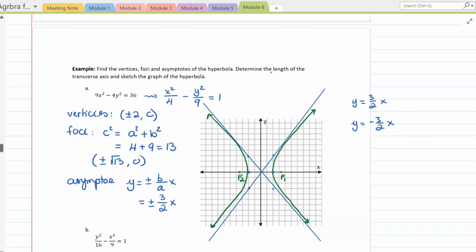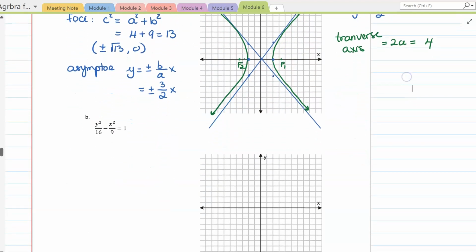The length of the transverse axis is equal to 2a, and that is 4.